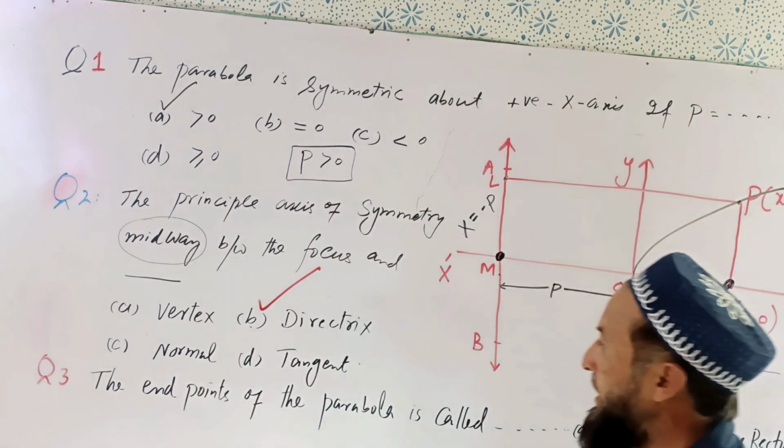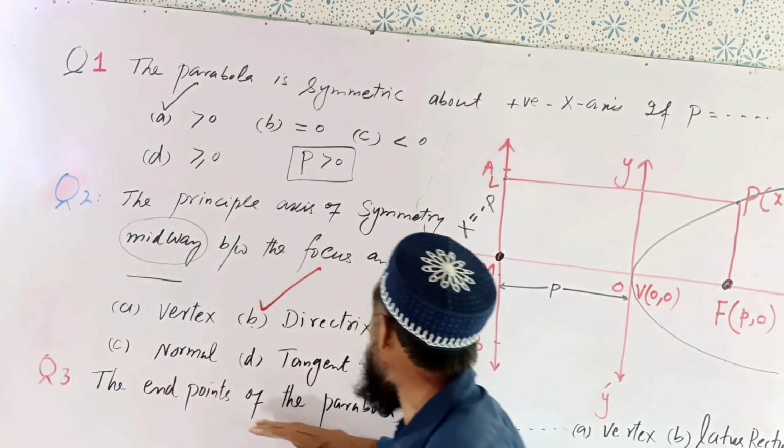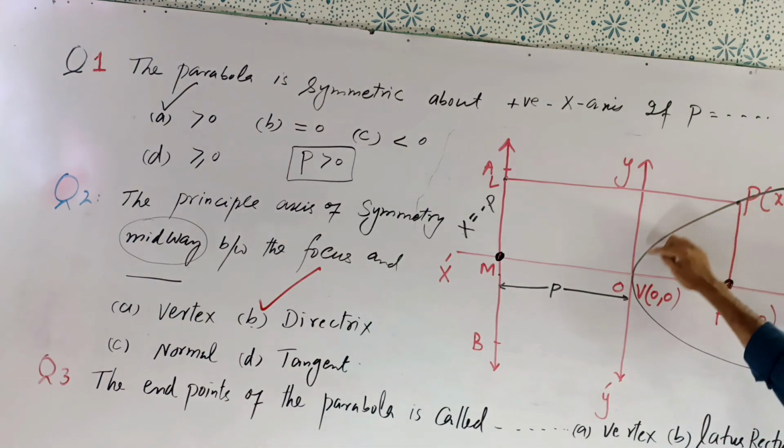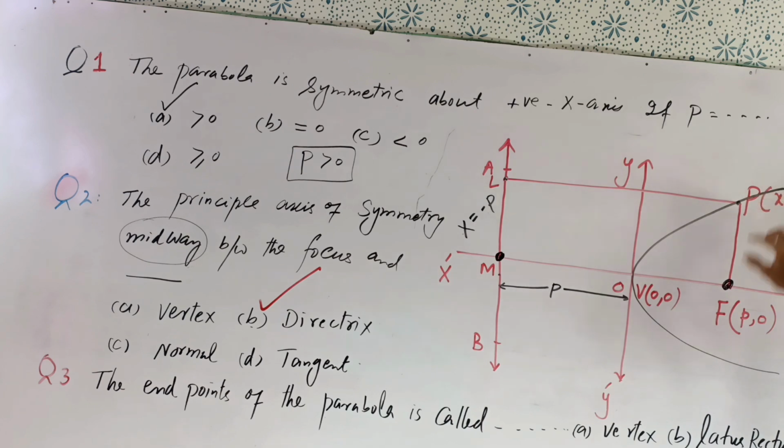Question number 3, the endpoints of the parabola is called the latus rectum. The endpoints of the parabola, this end point, pass through the focus. We name it PA, for example.